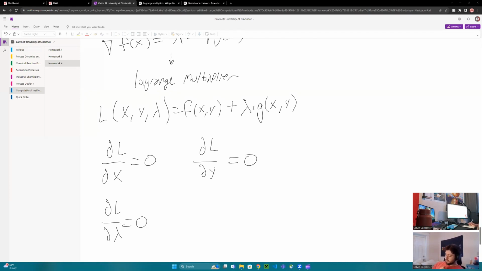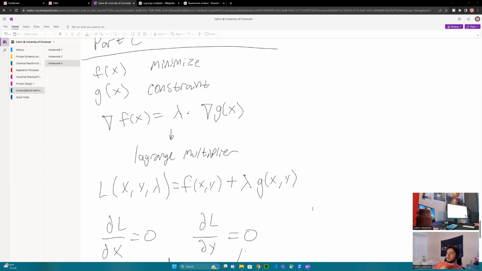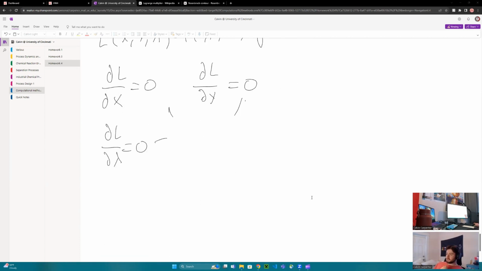All of this will mean that the gradient of f of x can equal negative the multiplier times g of x.